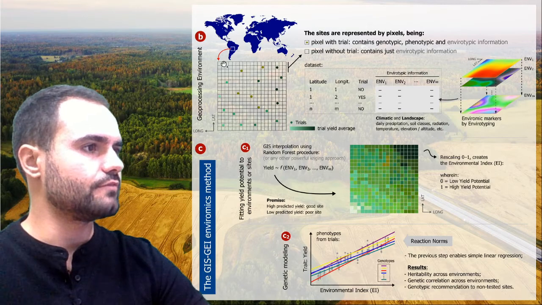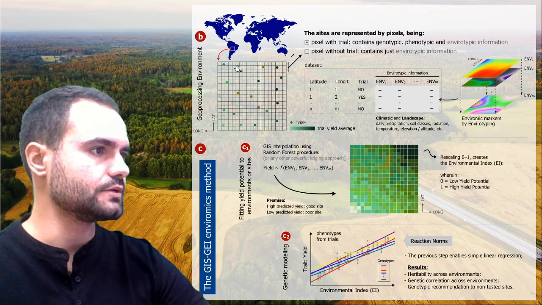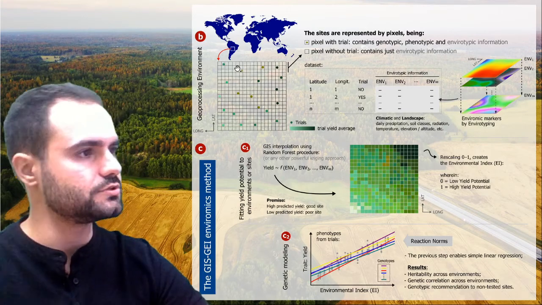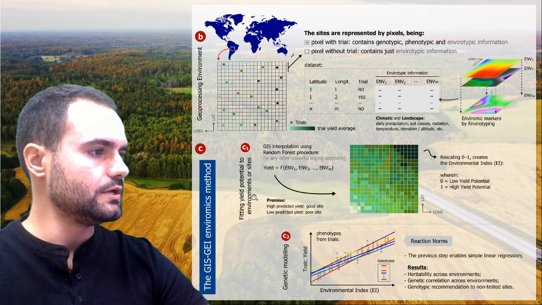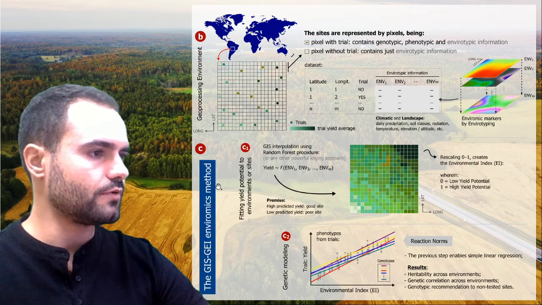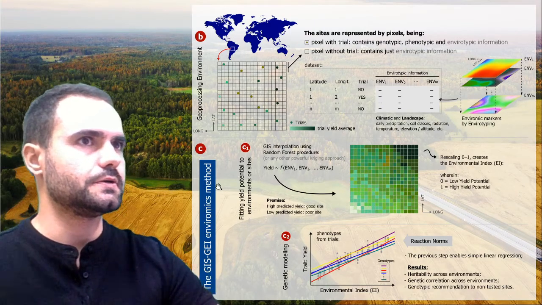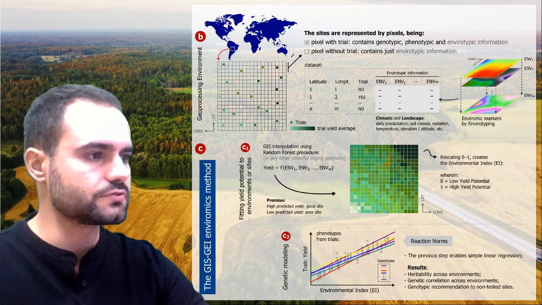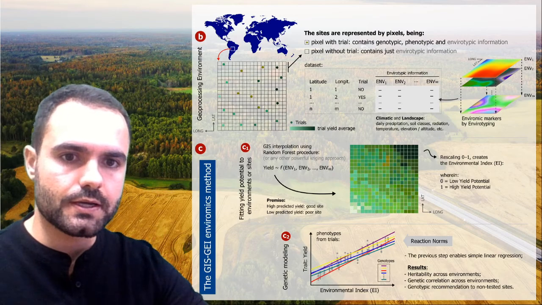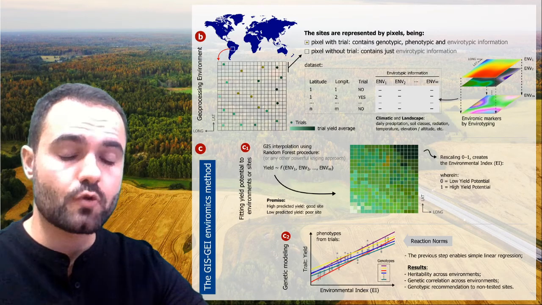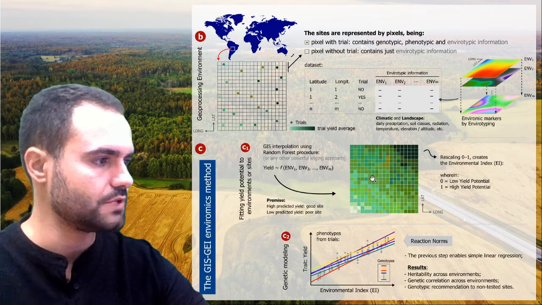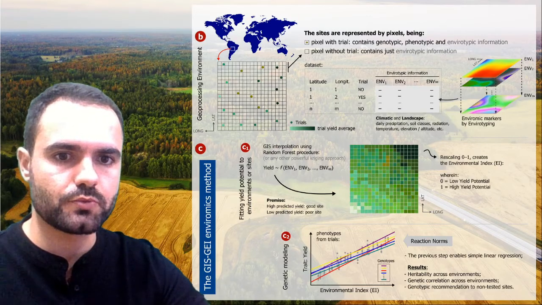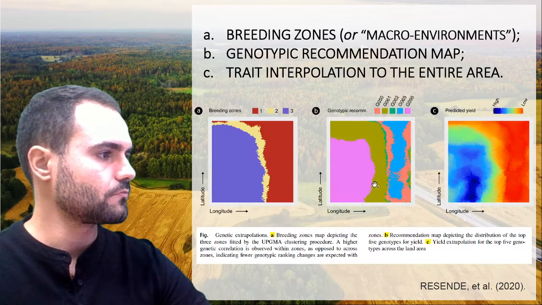So we have pixels with data information: phenotype, genotype, environmental, and here a method of ours showing how to transform environmental variables into environmental markers that can be used for this purpose.